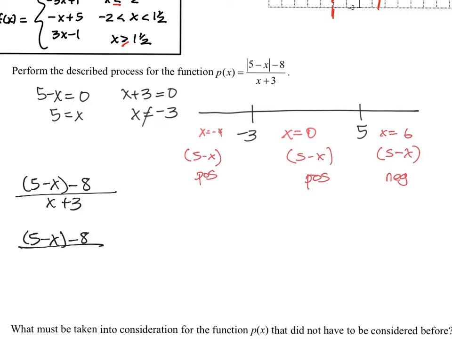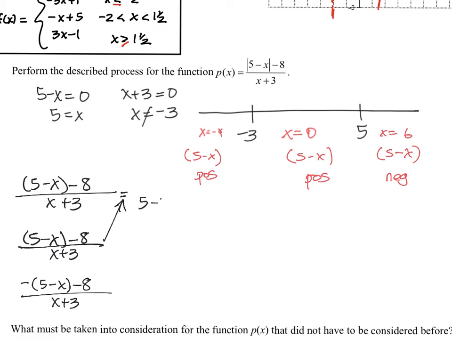I don't even need to worry about it because they're the same. And then the bottom one, that would be a negative, so negative of 5 minus x, minus 8 over x plus 3. Okay, and these two are the same, so we really don't have to write it twice. We're okay with just writing it once.